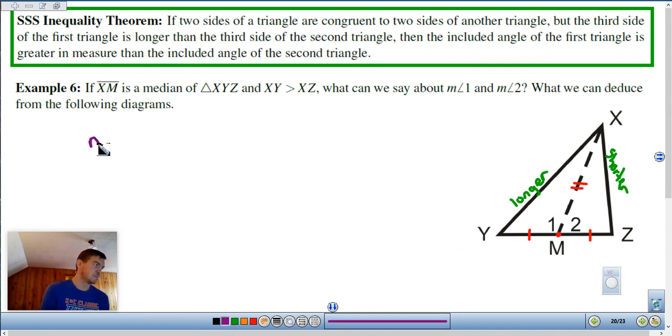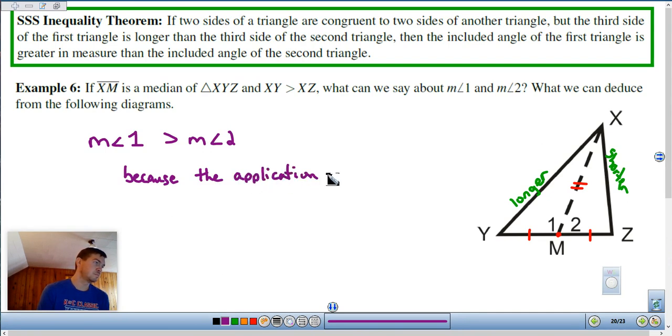Well, the measure of angle 1 is greater than the measure of angle 2 because of the application of SSS inequality theorem.